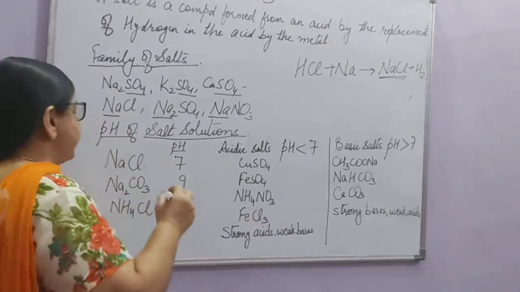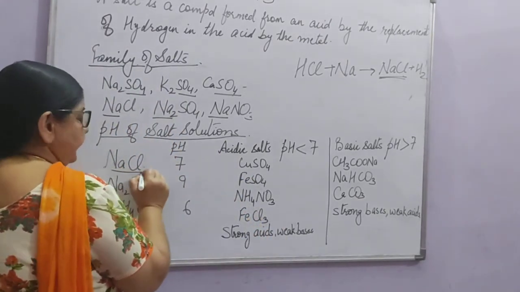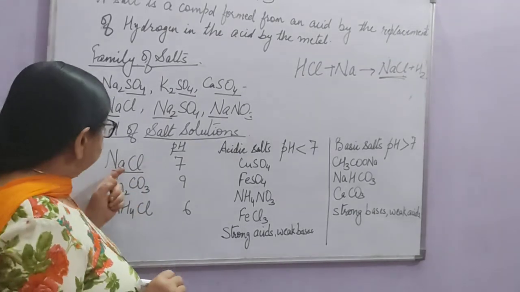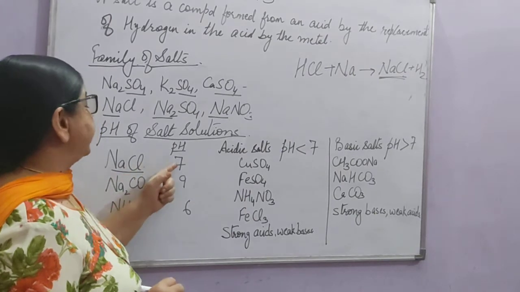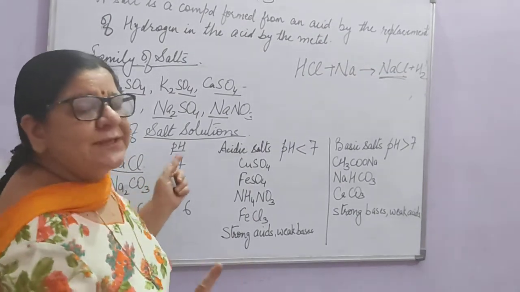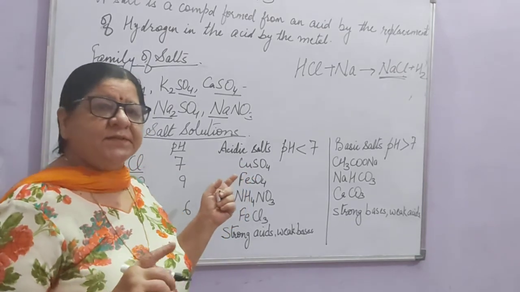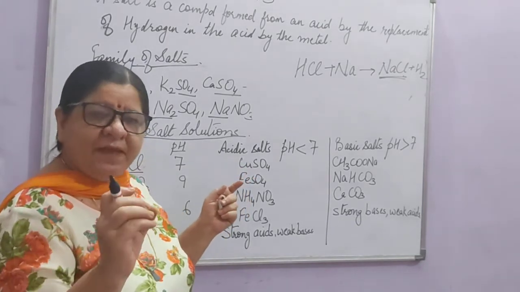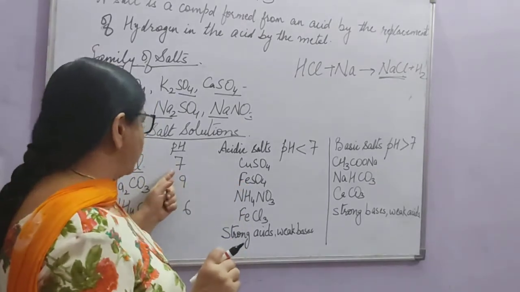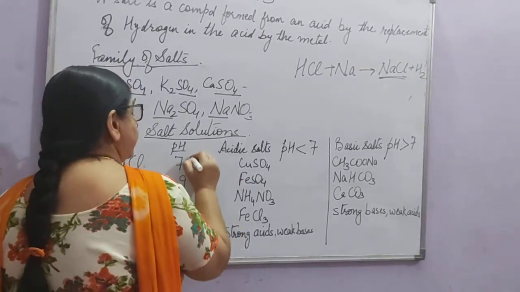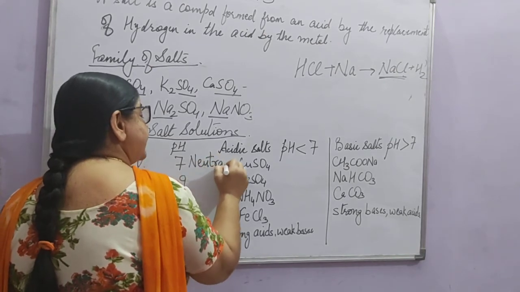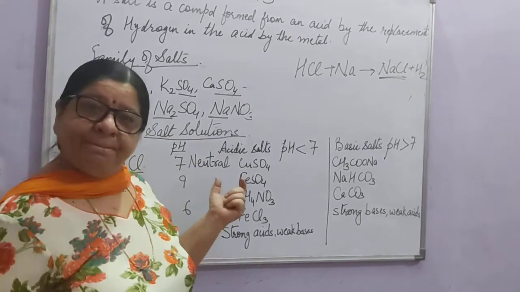Now here if we see NaCl, that is sodium chloride, it has a pH value of 7, and you have also already learnt that pH 7 indicates neutral. So this salt will be neutral. It will neither be acidic nor basic.